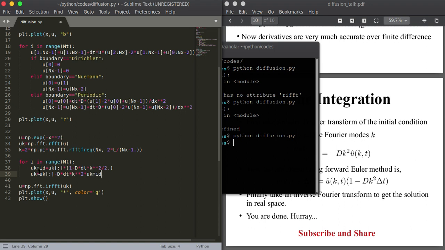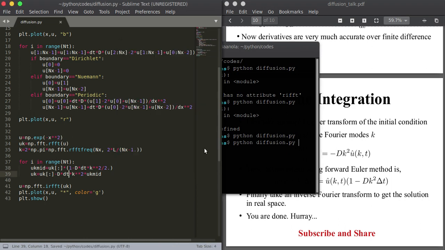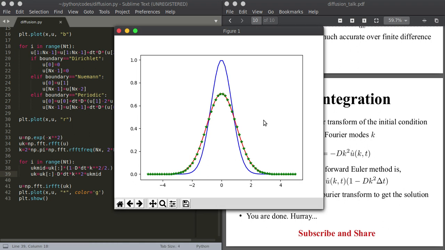This uk on the right is the previous uk, and this uk on the left is the updated uk. Then it will give you the same answer, and in RK2 the result will be better. But here you cannot see the difference much because my dt is very well resolved.